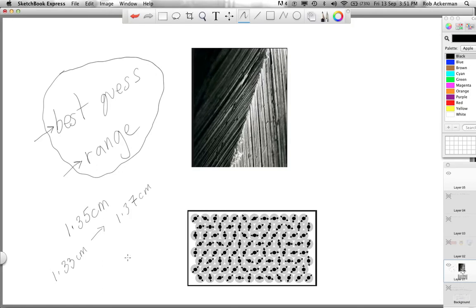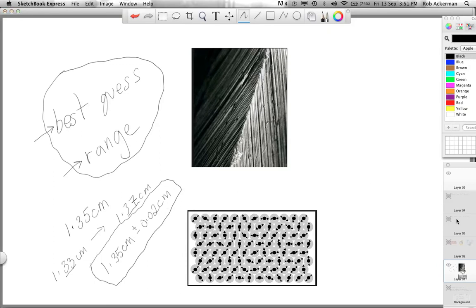Well, if you told me that, then here's how we write this as scientists. We would write 1.35 centimeters plus or minus 0.02 centimeters, and this plus or minus 0.02 would encompass the range of up to 1.37 and down to 1.33. And so this is how we write experimental uncertainties: best guess plus or minus a range in which the true answer likely lies.